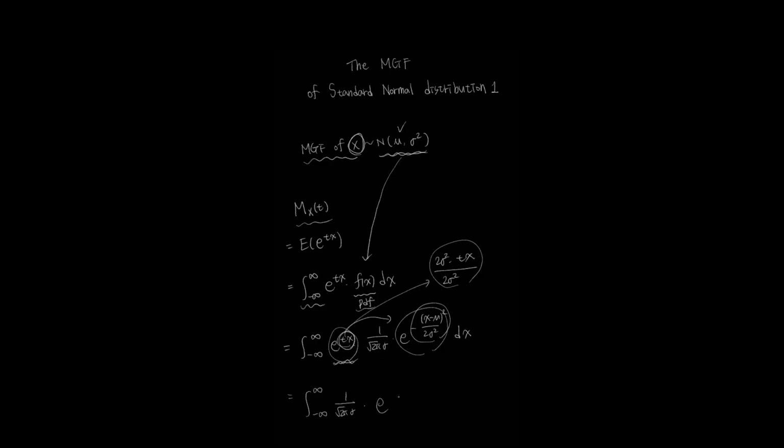It's going to be like this, right? And we calculate this part. It is going to be x squared minus 2 times mu times x plus mu squared, like this.